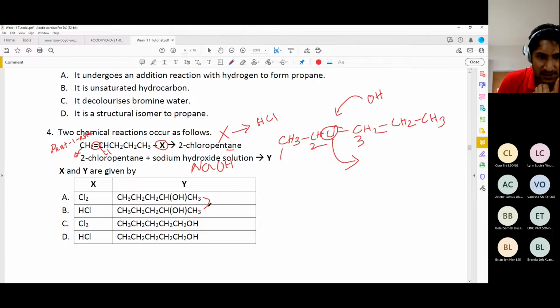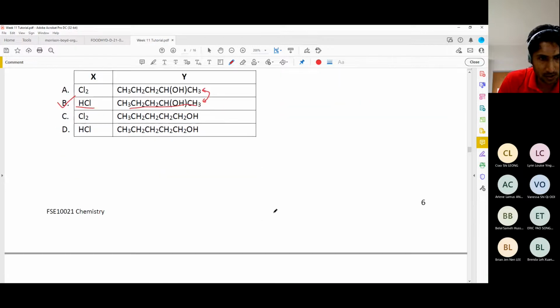This and this are the same thing actually, but X is not the same, I mean, a similar thing. So B is the correct answer. HCl is X, and Y is 2-hydroxypentane. Okay, it's 2-pentanol, or pentan-2-ol.